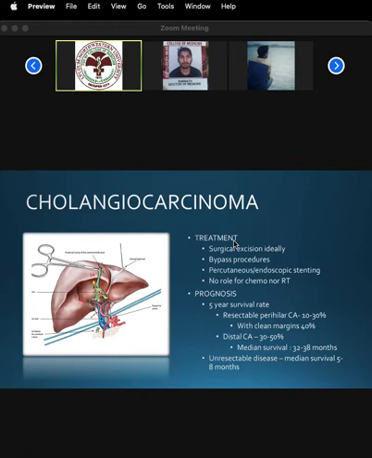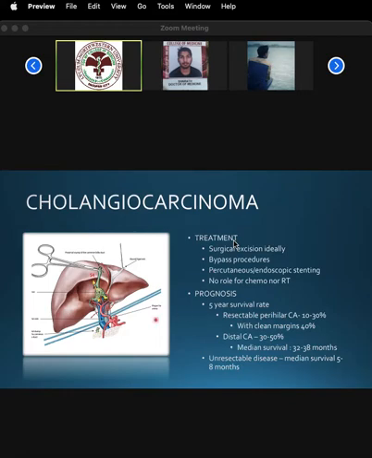I try to assess the extent of the tumor, and if there's nothing I could do, the tumor is unresectable, then I make use of the gallbladder as a bypass platform, and I anastomose the gallbladder to the jejunum, okay, to bypass the obstruction. Or we may do percutaneous or endoscopic stenting.